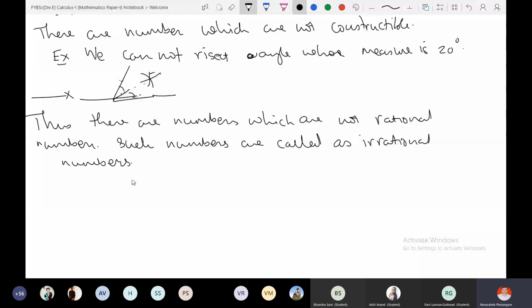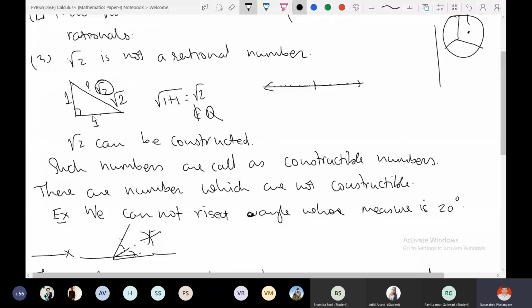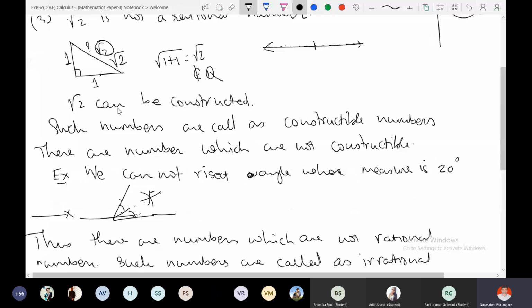And these numbers are reals, actually reals. Why reals? We can actually see in real life there is a length root 2. It is nothing like imaginary, or fantasy that we cannot see. It is not a fantasy, it is real, and so we can see such things. So these are real numbers but not in rationals.